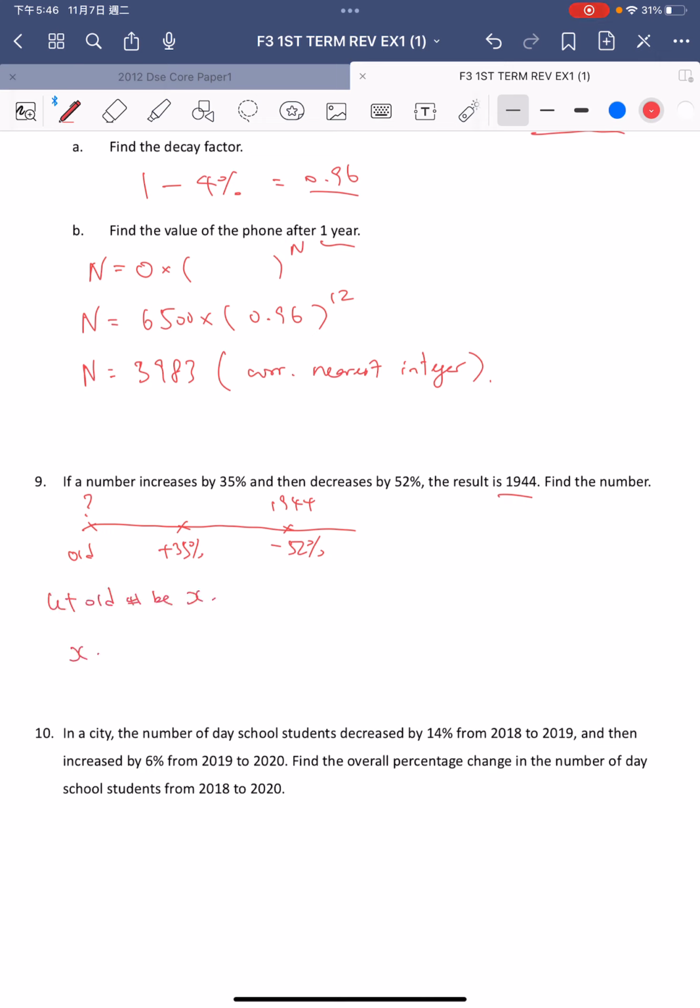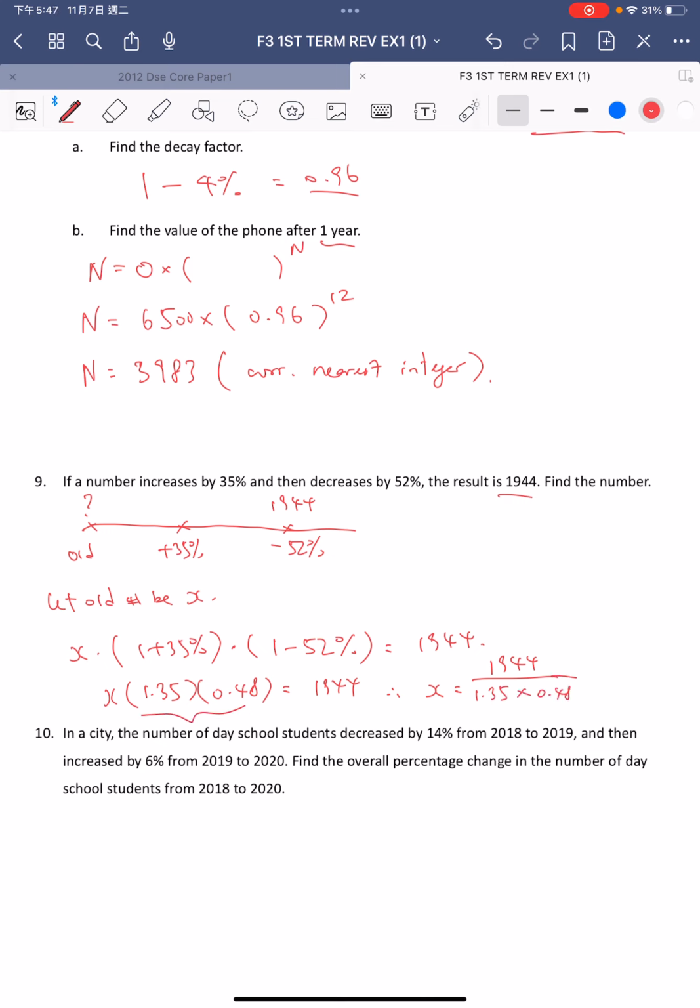we have x times 1 plus 35%, the growth factor, and then we times the decay factor, which is 1 minus 52%, which gives you the result 1944. Okay, so we have x times 1.35 times 0.48 giving you 1944, so x is equal to 1944 divided by 1.35 times 0.48.